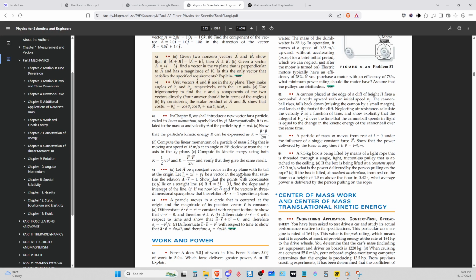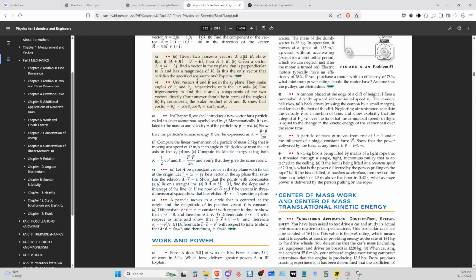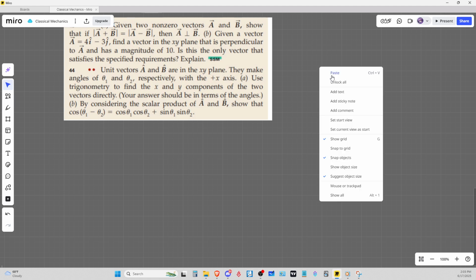So first, let me see my problem sheet here. So we also have to do 46. So let's just copy that. And we'll paste that right here.